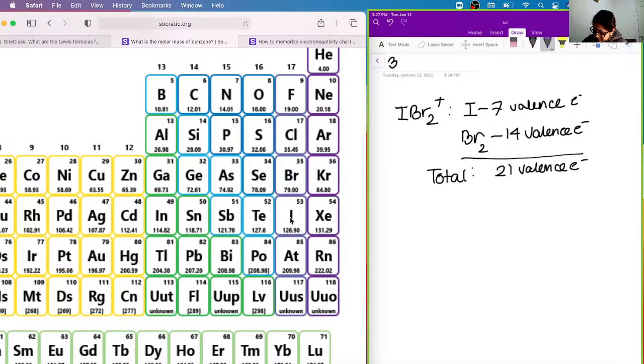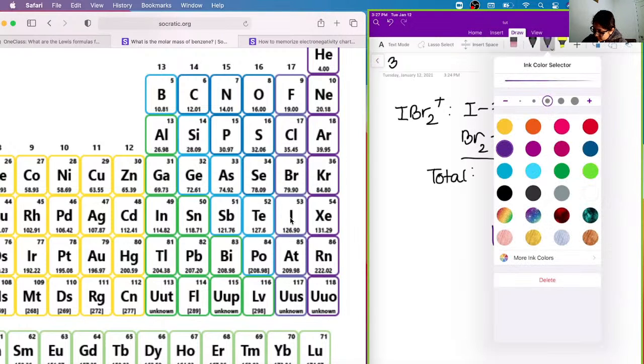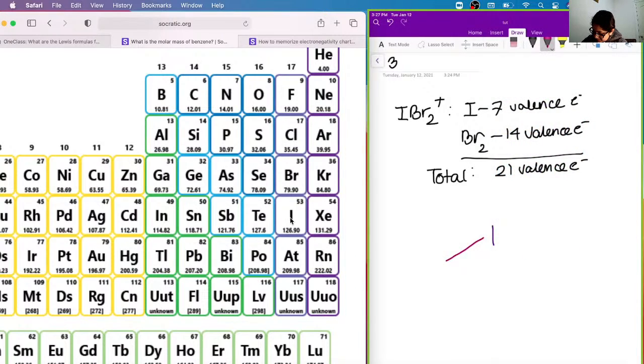And so we know that 4 electrons are being shared in these 2 bonds, and that leaves us with 16 as lone pairs. We know that bromine has 7 electrons, right?